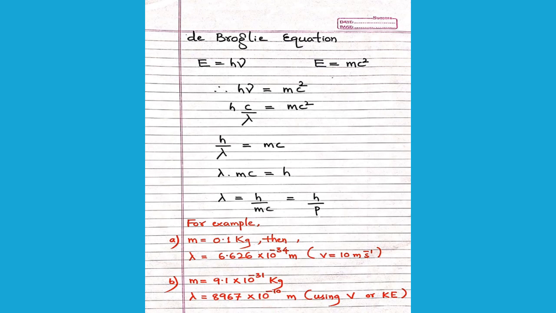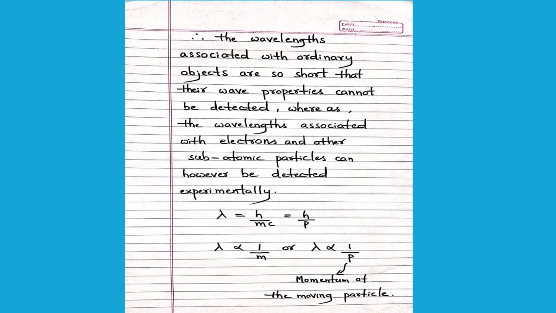See the conclusion. The wavelengths associated with ordinary objects, having larger mass, macroscopic, are so short that their wave properties cannot be detected, whereas the wavelengths associated with electrons, which are microscopic, tiny, and other subatomic particles can, however, be detected experimentally. That is the conclusion for the previous calculation.